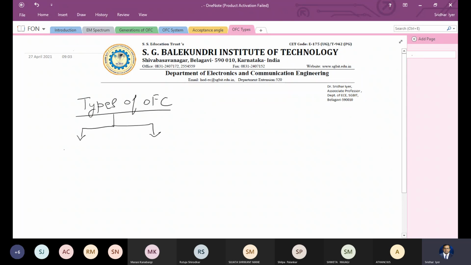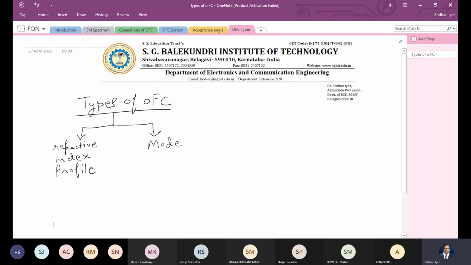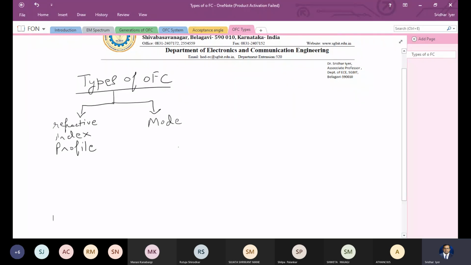One is based on the refractive index profile, and the other is based on what is known as mode. I'll explain first what is mode, and then we can look at the types. If we divide the optical fibers in terms of refractive index profile, we could have two types.